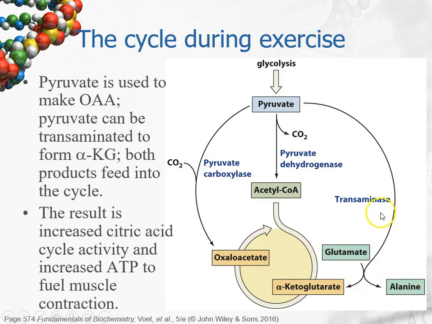The transaminase reactions can convert pyruvate and glutamate to alanine and alpha-ketoglutarate. So that's a way that you can boost the activity of the citric acid cycle in the muscle to produce ATP to fuel muscle contraction.